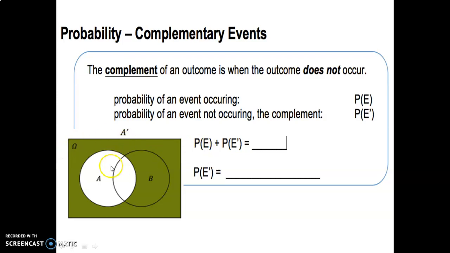So as we can see, by taking the probability of this event plus the probability of it not happening, I know we're using E here and this is A, but I think you can see the connection. This probability plus the probability outside of it makes a 1 because that captures all the possible events within this rectangle. If you rearrange this, you can say the probability of not E is 1 minus the probability of E. For example, if there's a probability of 0.6 of A happening, then the probability of A not happening is 0.4.